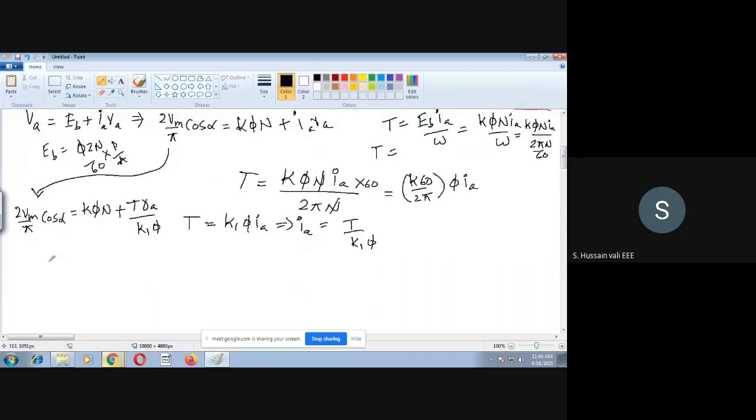I want to know what n is from this. So we send everything towards the right hand side: k phi n is equal to 2Vm by pi into cos alpha minus T into Ra by k1 phi.